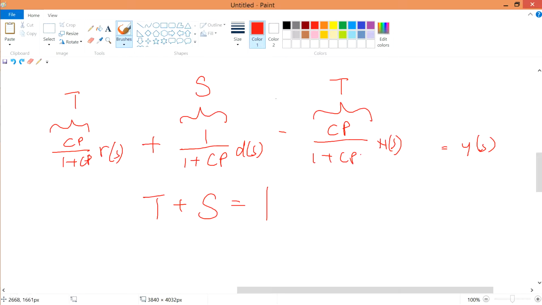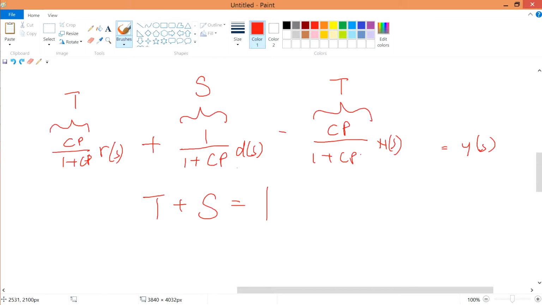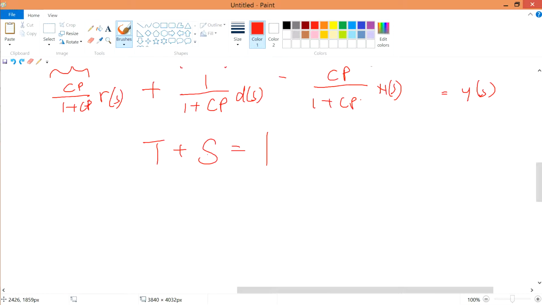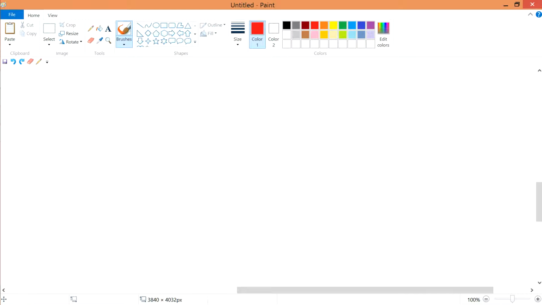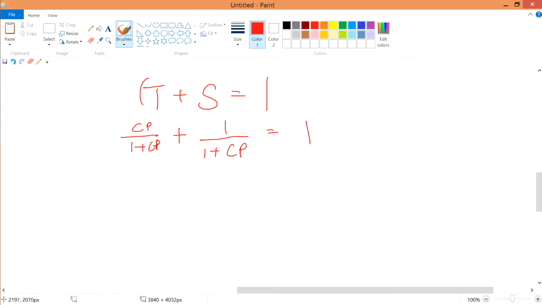Now, what are actually T and S? What are the trends of T and S? The trend of T and S is simply CP and 1 plus CP, right? But what are the trends of their behaviors in terms of responses? I'm just going to paste it here. So T is in fact this one, S is in fact this one.